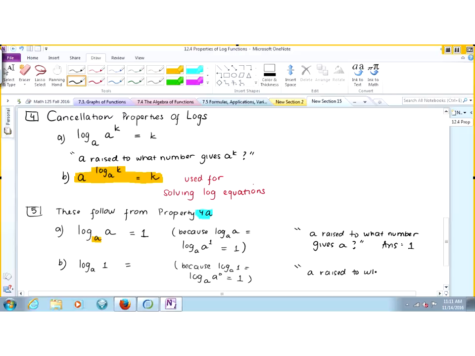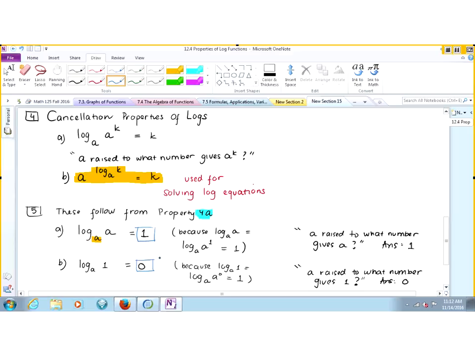A raised to what number yields 1? What is your answer? A raised to what number gives 1? 0. So that's why this is 0. So either way, are we okay so far? Yeah? Okay.